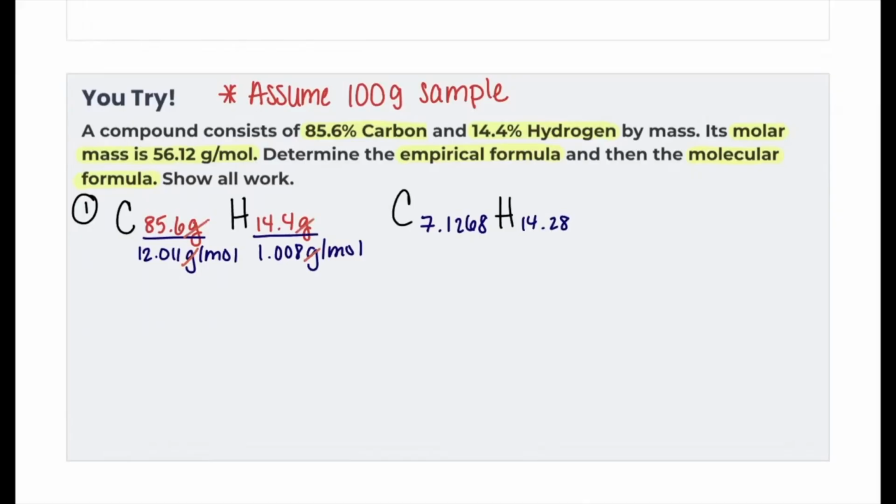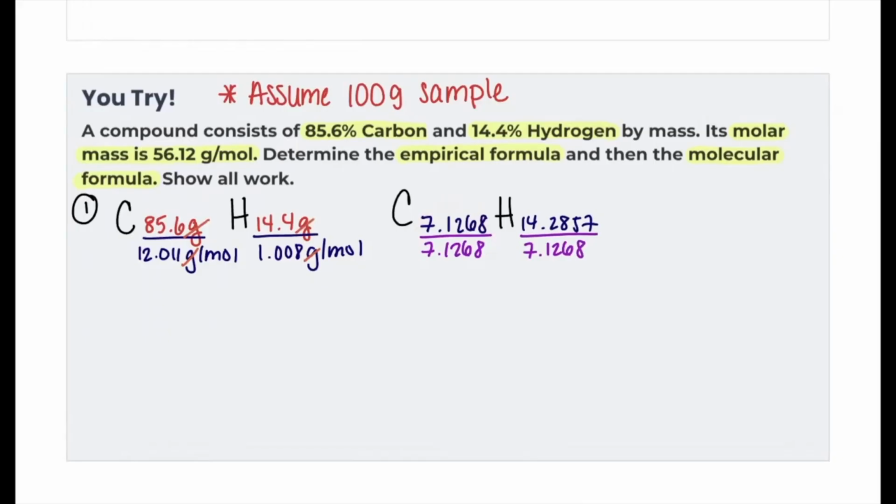Now that we have moles, we notice that we have decimals here. We can't have subscripts as decimals. So we need to now divide by the smallest number present, which is 7.1268, so that we can try to get to the nearest whole number. So carbon, 7.1268 divided by itself is essentially 1.